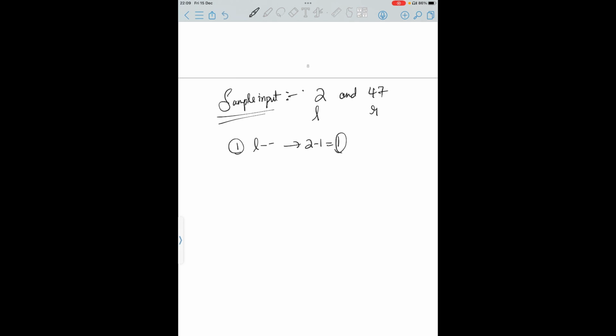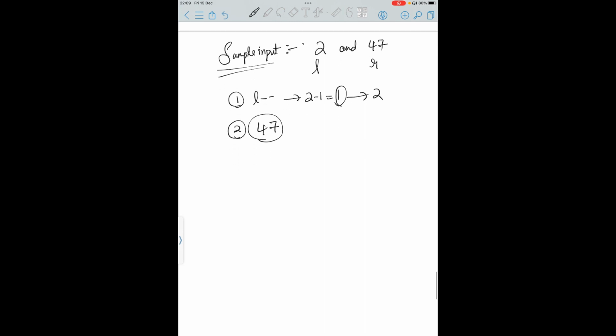For 1, we directly know, since this is already stored in the array, the number of integers from 0 to 1 satisfying the property is 2, which are 0 and 1 itself. For 47, we need to find the number of such integers from 0 to 47 satisfying the property. Let's see how, by using the DP array that we made in the pre-processing step, we can solve this.